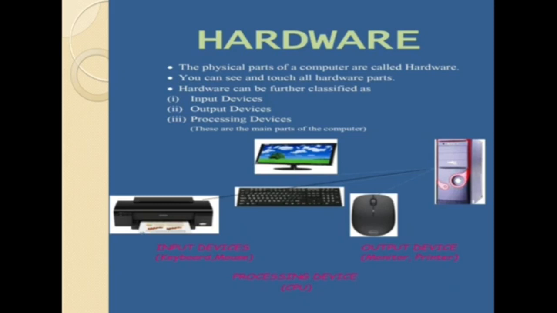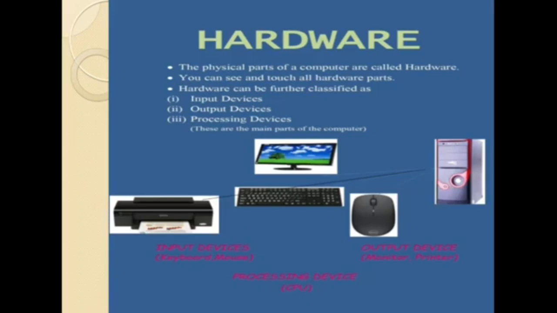In this picture, I show some pictures. These are the main parts of the computer. See, the monitor is there, the CPU box is there, the mouse is there, the keyboard is there, the printer is there.